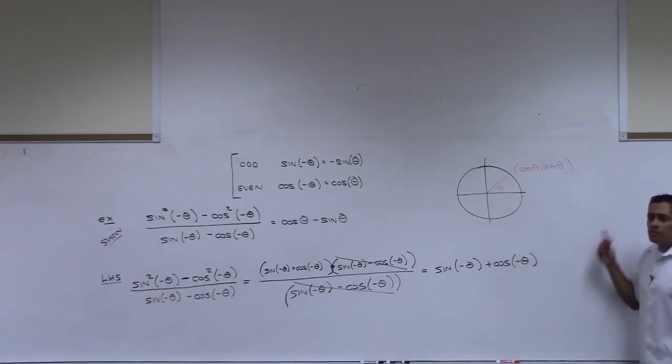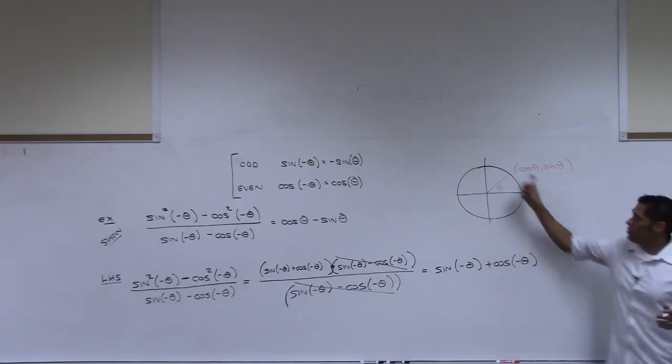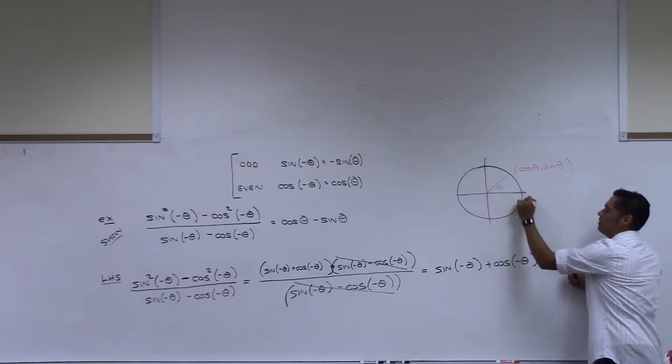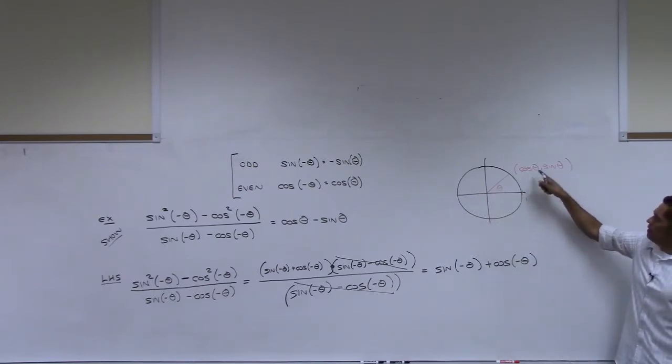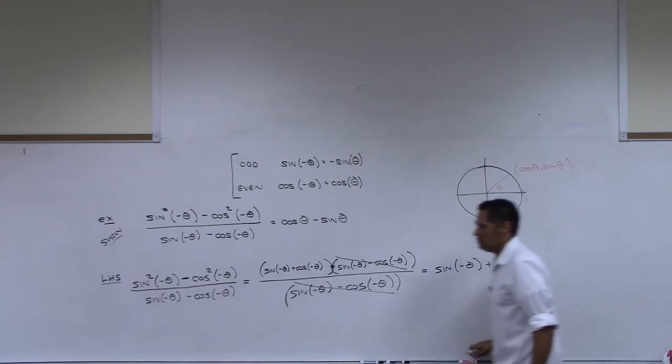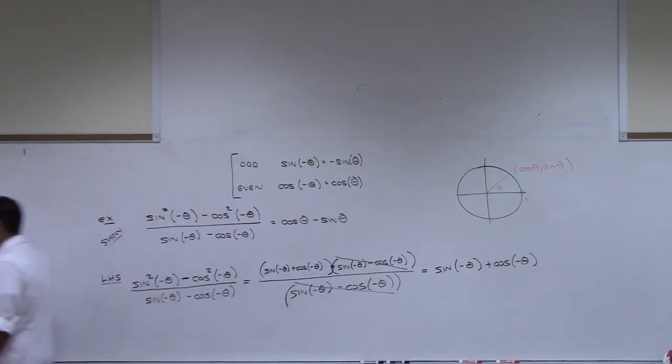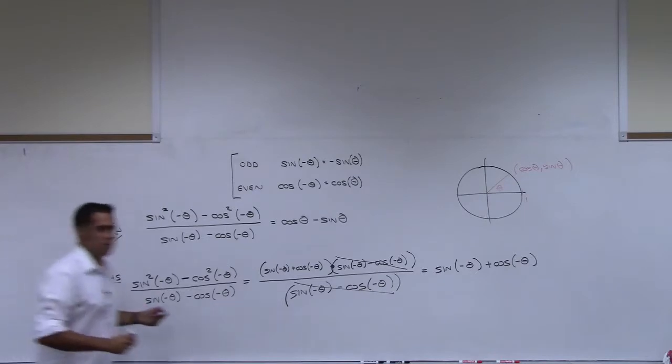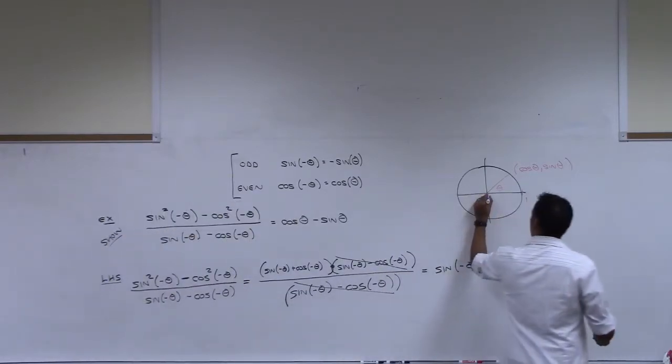Whatever theta is, right? This is a unit circle. I didn't put 1. I'll put 1 to be thorough here. Then the x coordinate is cosine of the angle. The y coordinate is sine of the angle, right? Now, what does negative theta look like? It's that angle theta, but down. It's going to be down in the fourth quadrant, right? So this is negative theta.